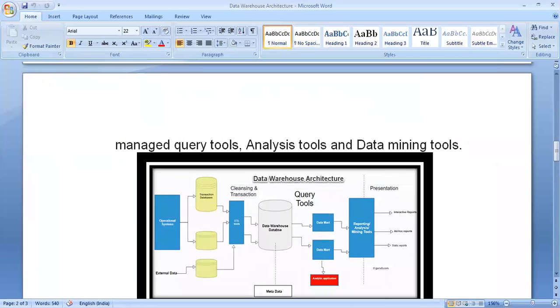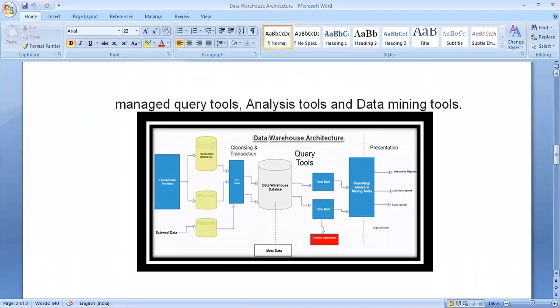At the bottom level, there are operational database systems, which, after cleaning and transformation and removing redundancies and noise through the ETL process, are integrated into the data warehouse, where they are managed by different data marts for particular fields.